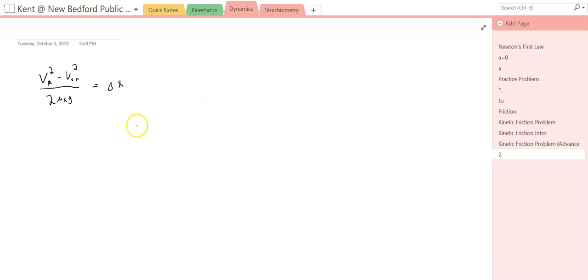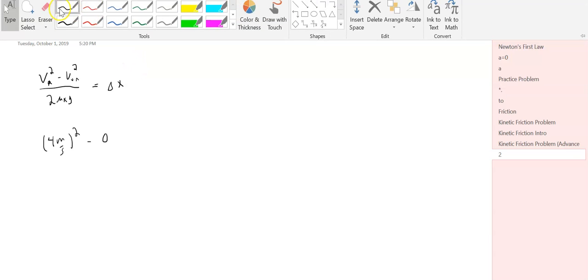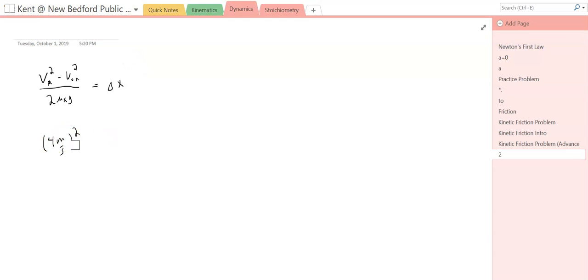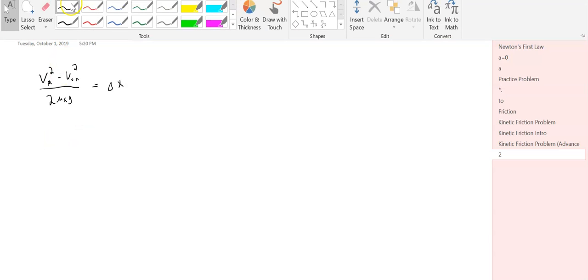And in that problem, Vx was equal to 4 meters per second. 4 meters per second squared minus 0. Oh, I've got them backwards. That's the problem when you try to go from memory, you can get it backwards, right? It starts with a velocity and ends with no velocity.